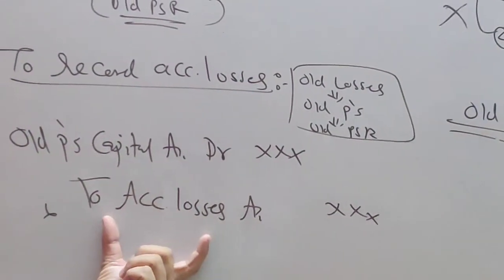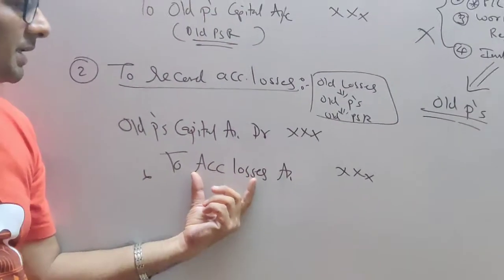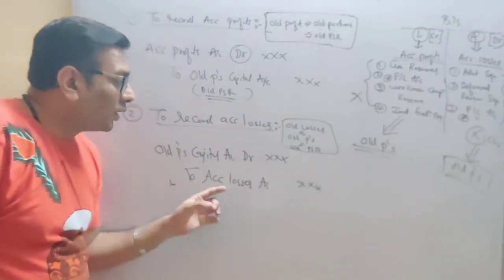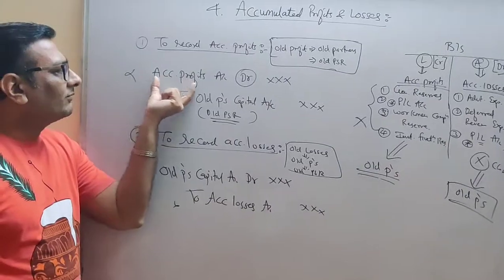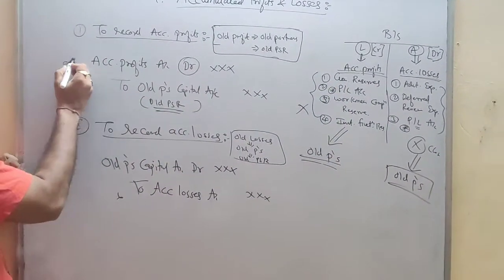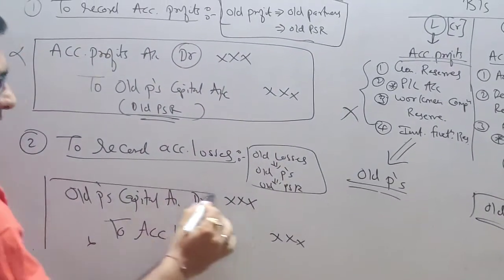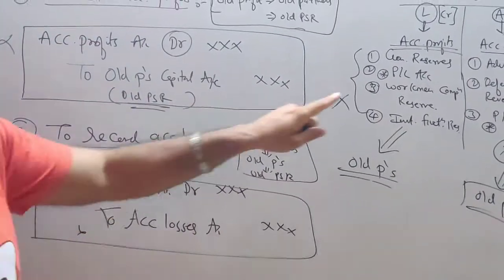Now these are master entries. Whenever you solve a sum, you don't write accumulated losses. While solving a sum, write down the name of accumulated losses given in the sum. Write down the name of accumulated profit given in the sum. This is a master entry. For this master entry, you have to write down the names of losses and profit given in the sum.